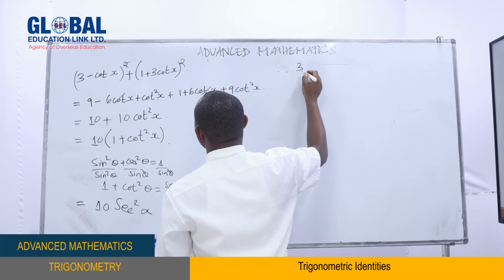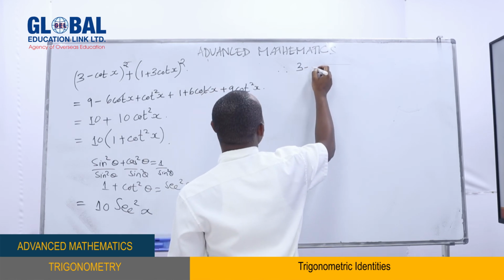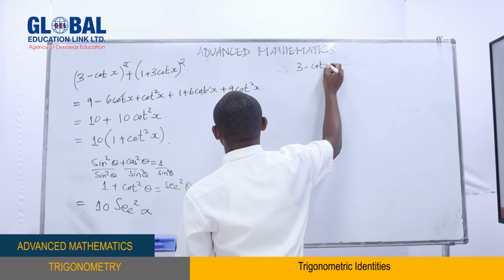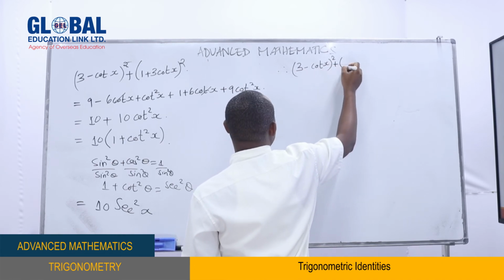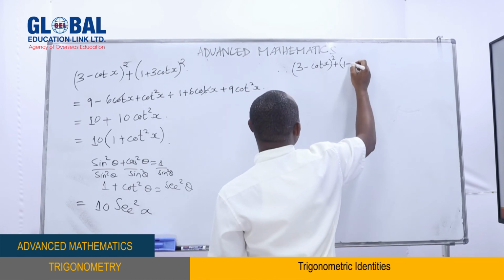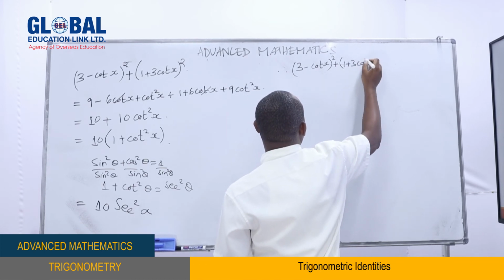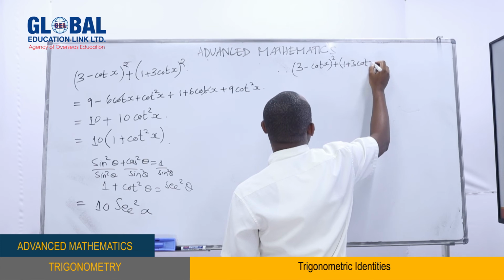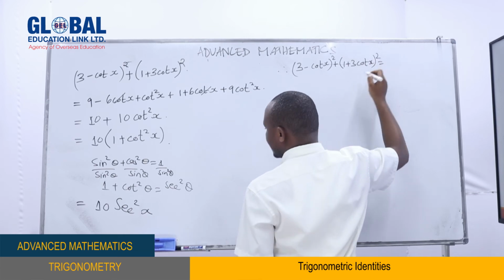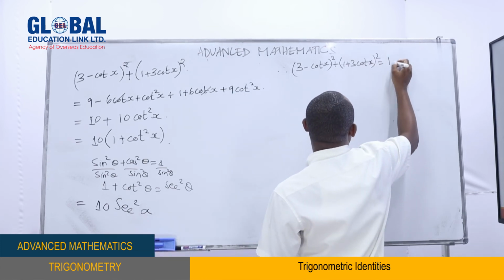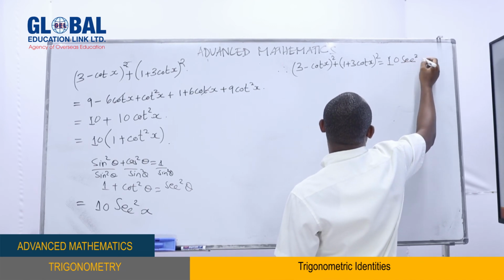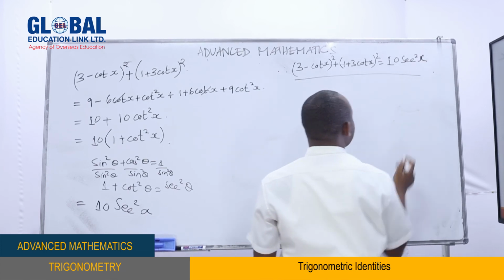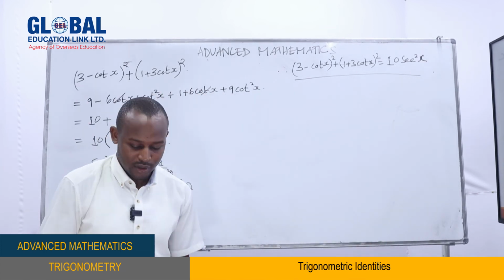Therefore, (3 minus cot x) squared plus (1 plus 3 cot x) squared is equal to 10 sec square of x. And that is your conclusion, my dear student.